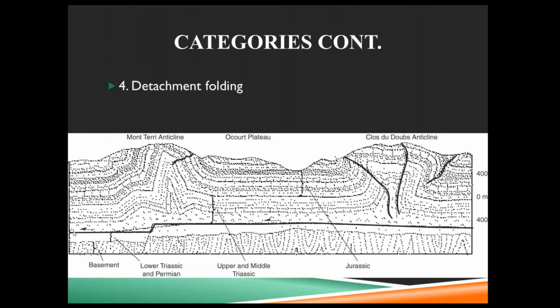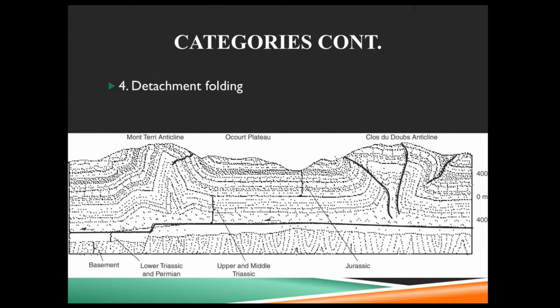The idea is that this big detachment separates folded rock above the detachment from unfolded rock below the detachment. So this is detachment folding. This top is sliding and compressing and folding, where the bottom just hangs out and does nothing.